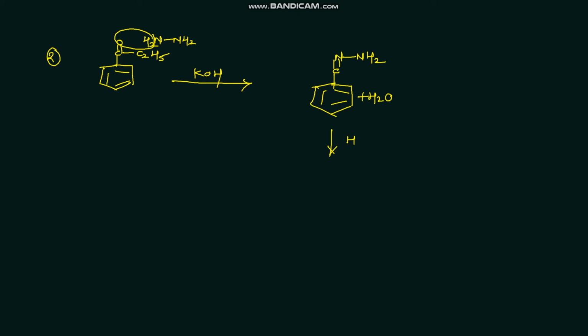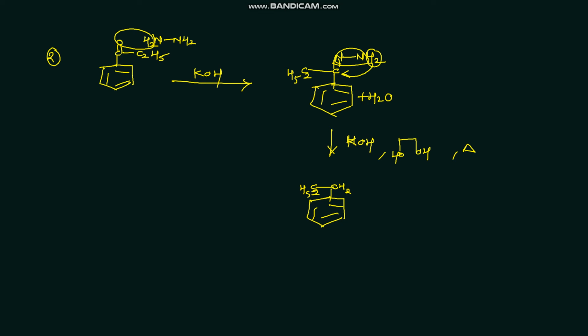Then it reacts with KOH in ethylene glycol under heating condition. Here this hydrogen adds to this carbon and N2 is eliminated and we get here CH2, here is the C2H5, here is the 2 hydrogen.